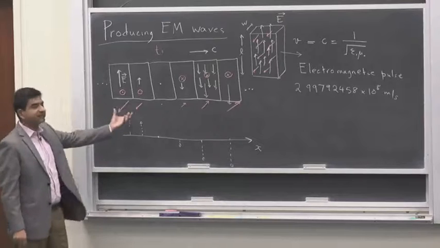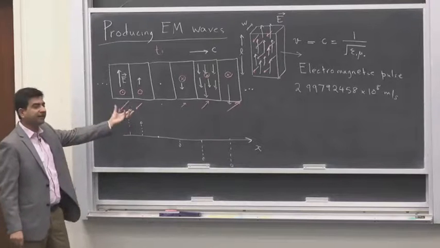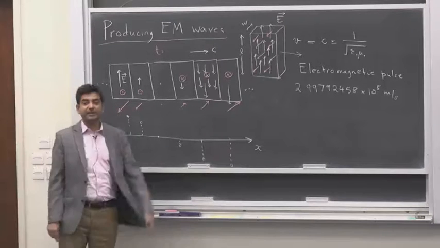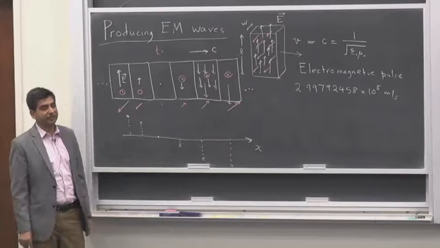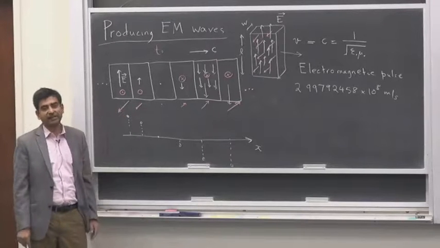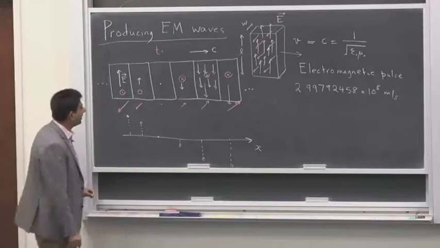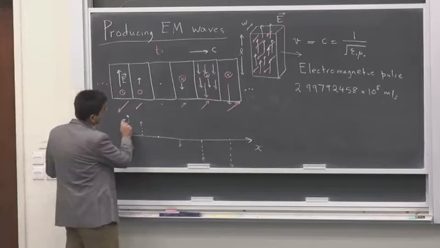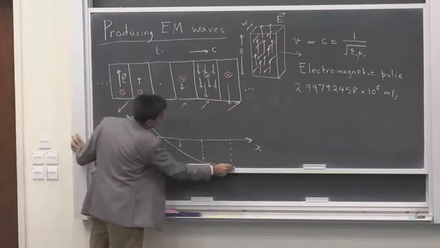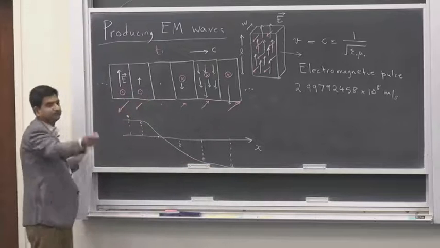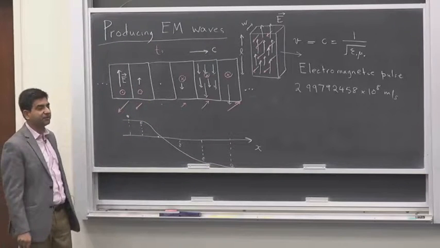Now if I make these slabs thinner and thinner, all of these slabs will still satisfy Maxwell's equations, because each one of these slabs is satisfying the 4 Maxwell's equations. So what I could construct is a waveform that represents a harmonic wave, an oscillatory function in space.